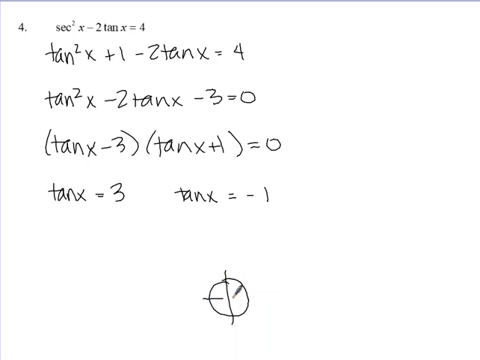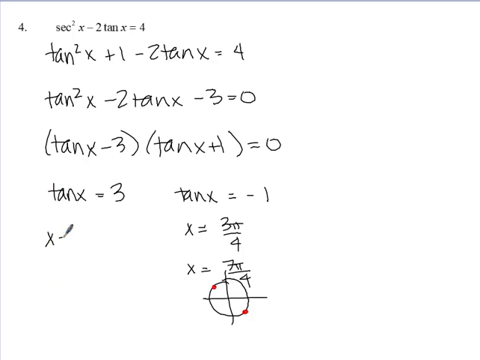If I look at the unit circle, tangent of x is equal to negative 1 at 3 pi over 4 and 7 pi over 4. Tangent of x equals 3 is not on the unit circle, but that doesn't mean that it doesn't exist.